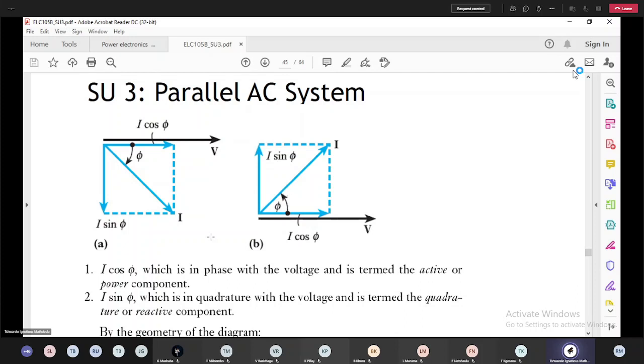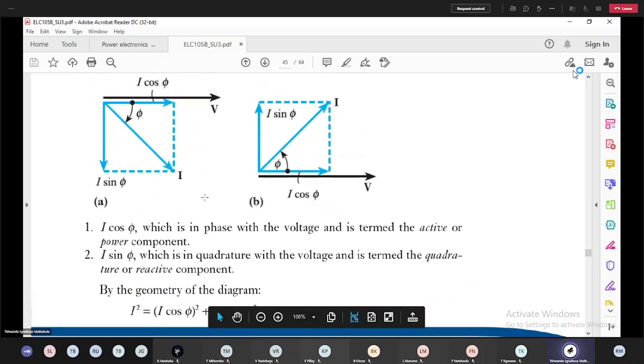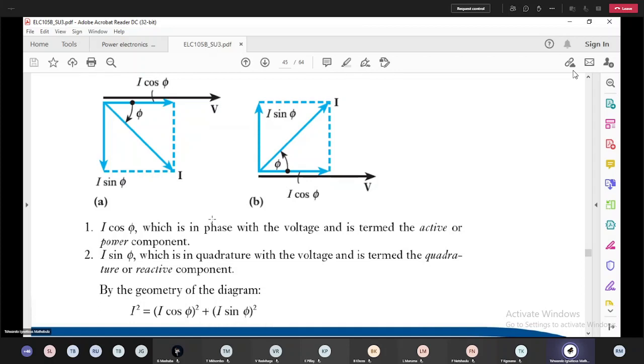So what we see is that, well, we know for starters that the voltages will remain the same. The voltage is not impacted, because a parallel connection essentially means that the voltage remains the same.